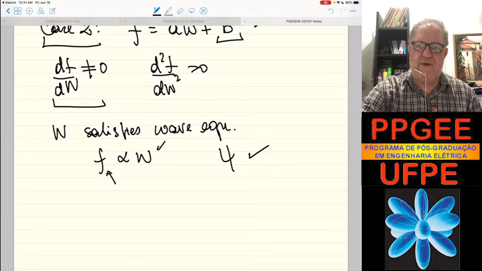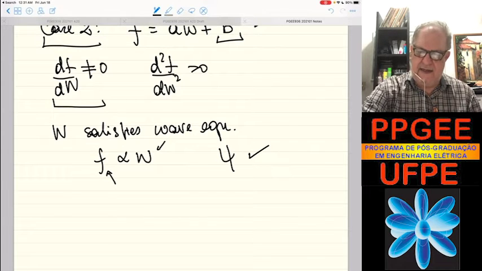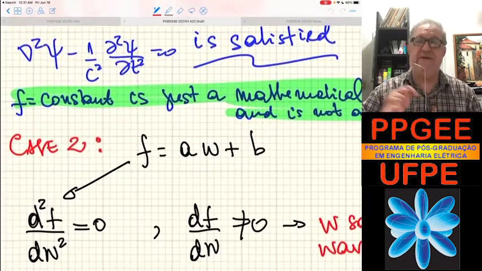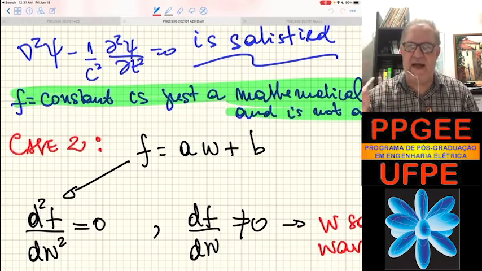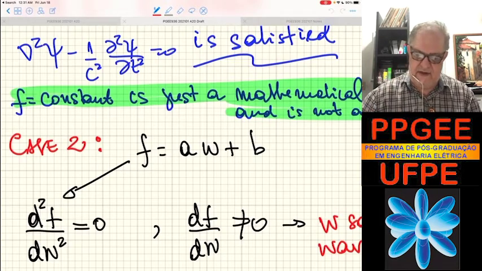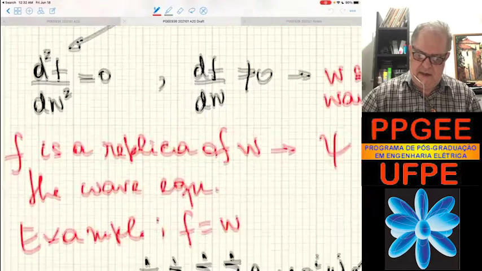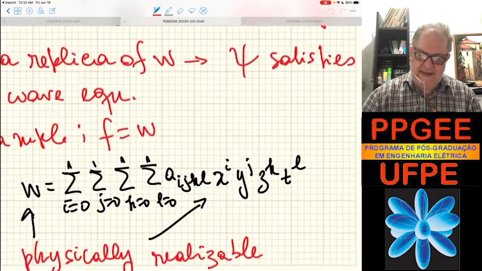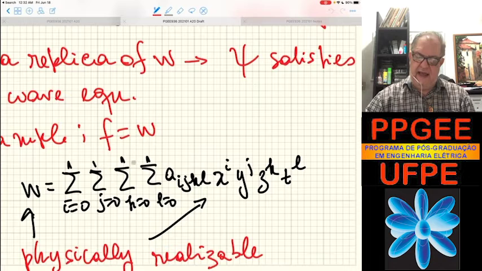I'm going to show an example here, quickly, of case 2: something that changes with time, but it's not a wave. Let's assume we have this general form of W. We can eliminate the constant.